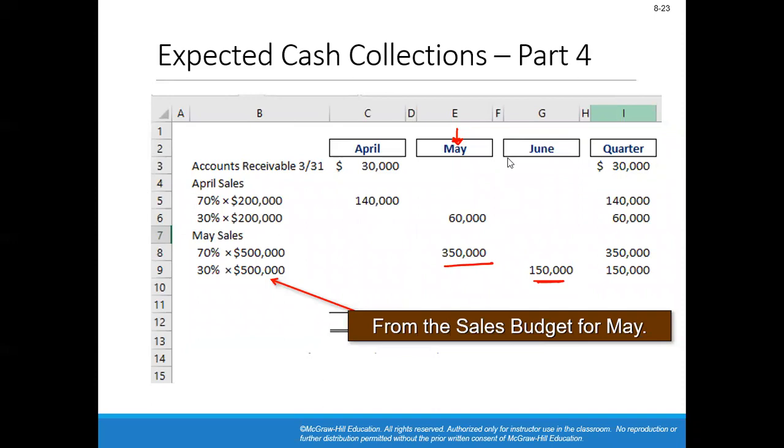You are giving the answer 730,000. So how are you getting this 730,000? You are saying 700,000 from the quarter column.